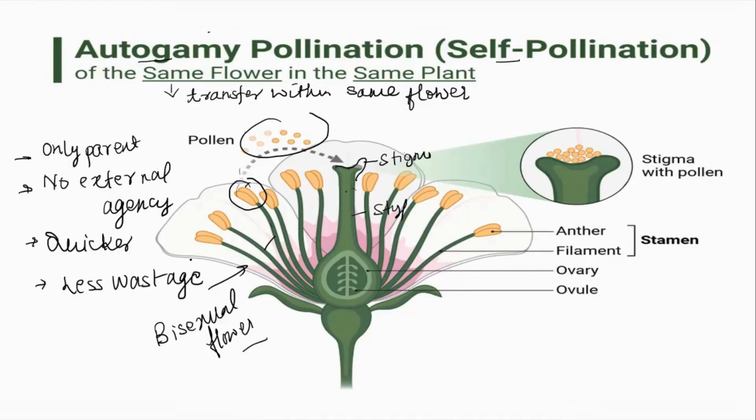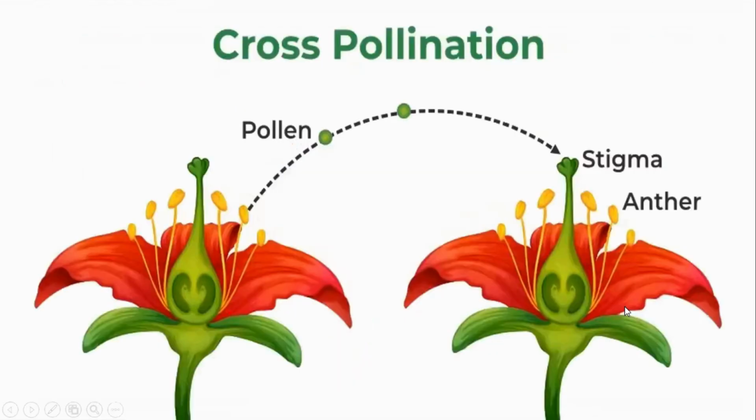It also has some disadvantages. Disadvantages would be no variation. The same kind of characters, if undesirable, would be produced again and again. So this slide tells you about self-pollination.